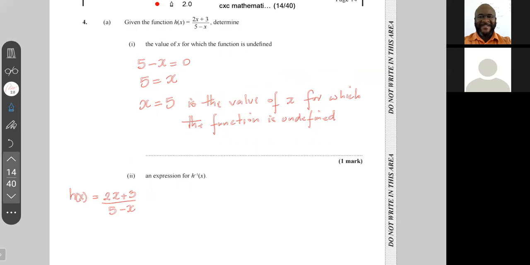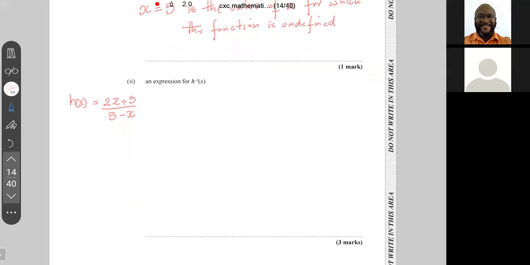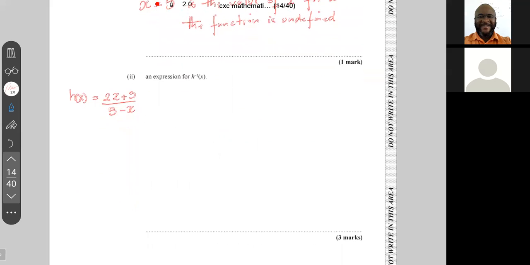Ladies, gentlemen, now finding the inverse of a function is a 4-step process. Step 1 says write the defining equation. This is how you do that. Wherever you see h of x, you're going to take out h of x and put y to say y is equal to 2x plus 3 over 5 minus x.